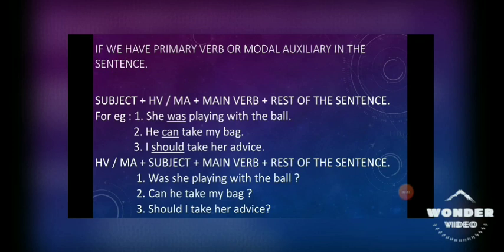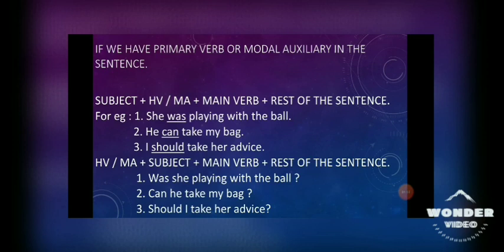Okay, let us see examples I have given you. She was playing with the ball. She is the subject, was is the helping verb, playing is the main verb, with the ball is the rest of the sentence. Next one, he can take my bag. He is the subject, can is a modal auxiliary.